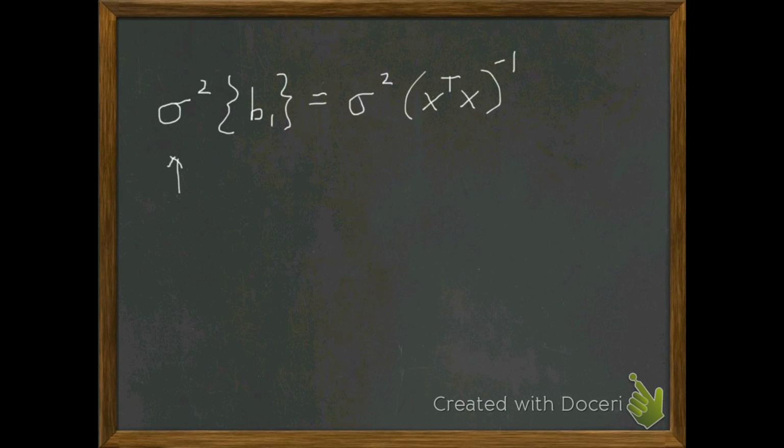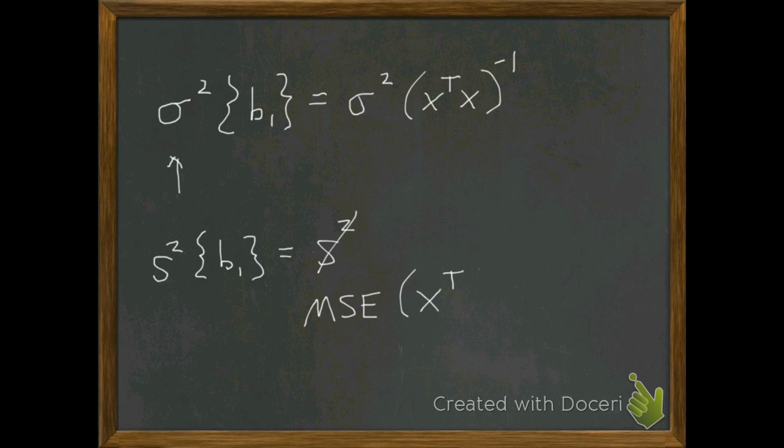Now our best estimate of this is the sample variance of B1, which equals S squared, which of course we know is the mean square error, times X transpose X inverse. Now, what we're going to get here is the mean square error is just going to be a number.